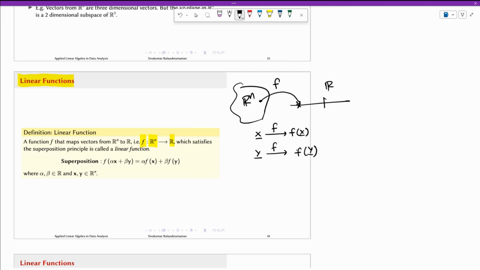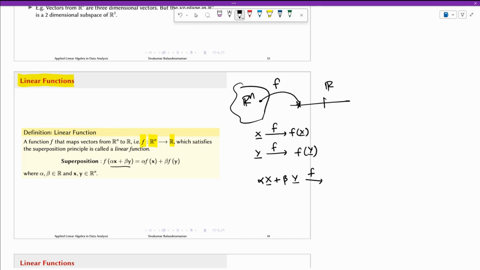If the function f is linear, then if I take a linear combination of my vectors x and y, I'm not applying f yet. A linear combination will produce another vector which will be in Rn, because Rn is a vector space. It's closed under linear combination.